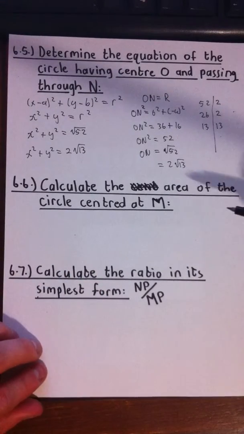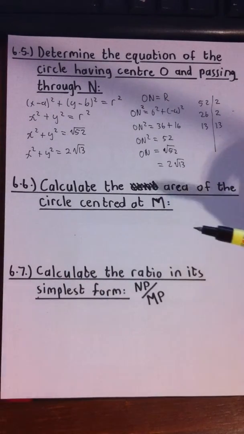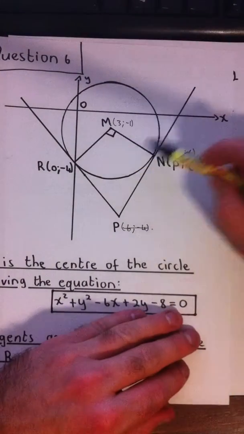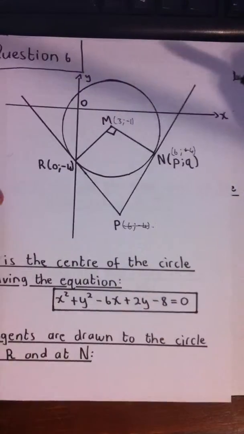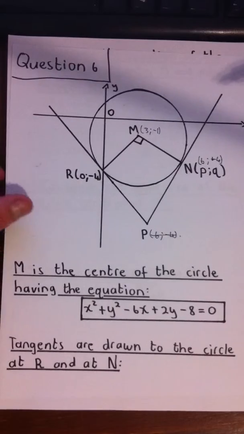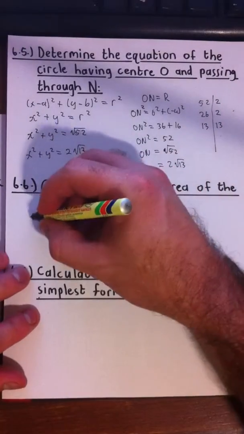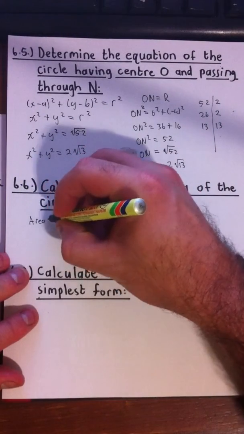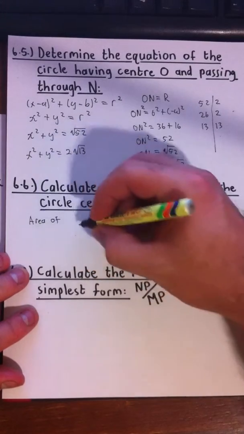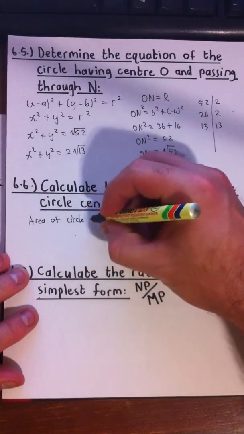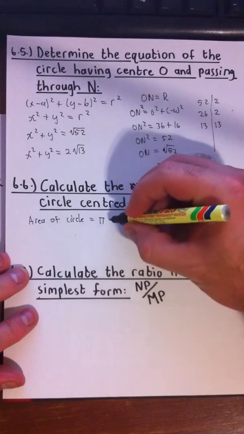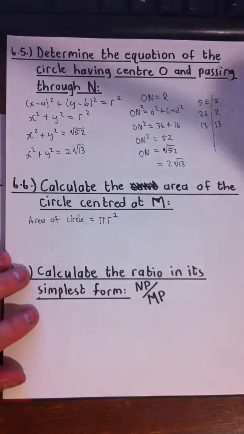6.6. Calculate the area of the circle centered at M. So that's the area of our original circle. How do we calculate the area of a circle? Well, the area of a circle is equal to pi times the radius squared.